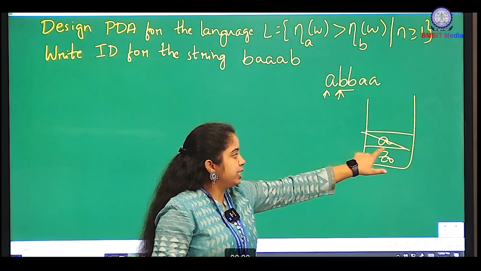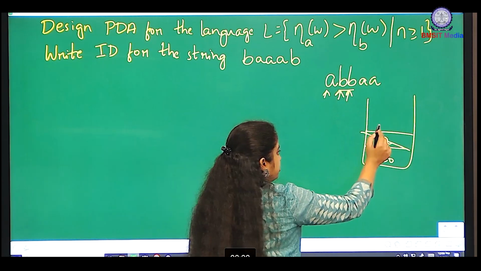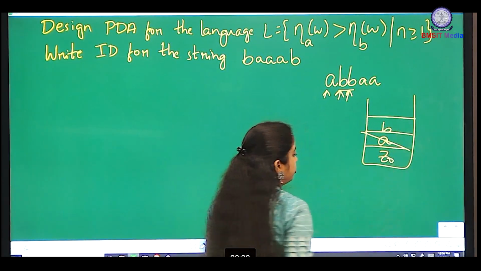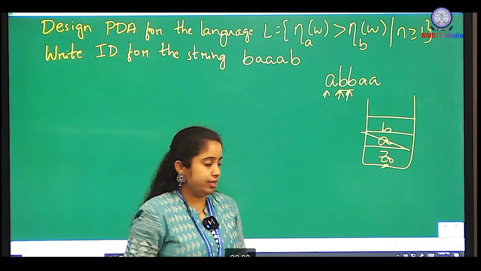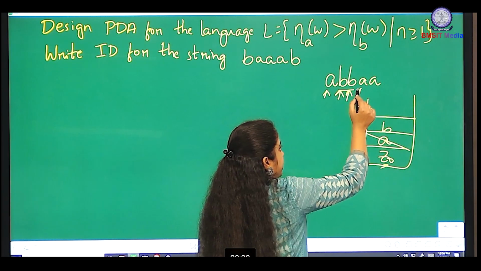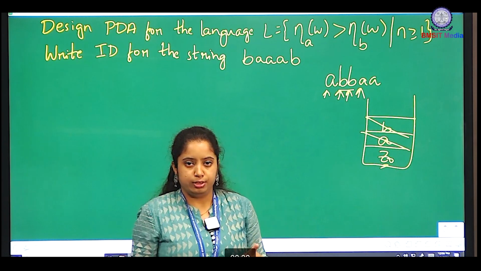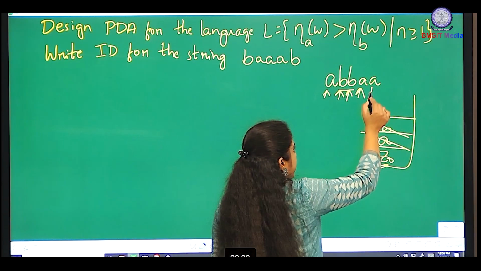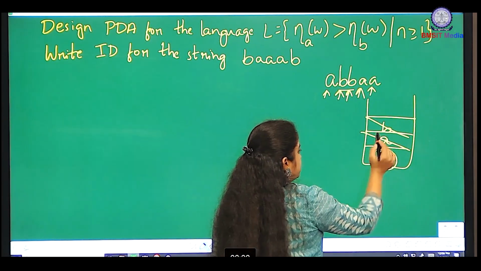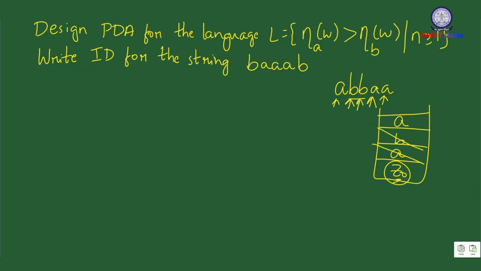B is the input symbol, A is on the stack, different symbols, so pop it. Now you have B as the input symbol, and you push it into the stack because Z0 was the top stack element. Now again you are reading A, so you pop this because it is a different element. A is the input symbol, B is on the stack. Now you are reading A, just push it into the stack because Z0 is the top stack element.